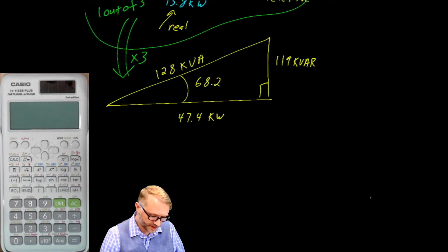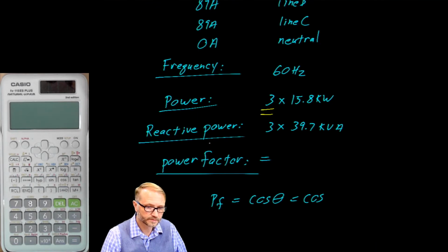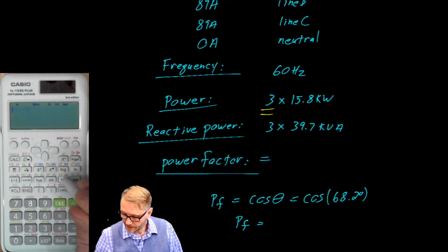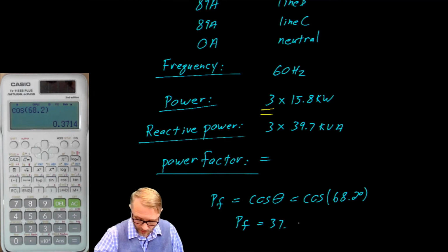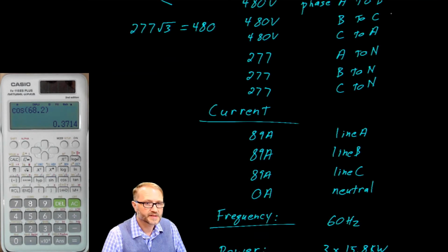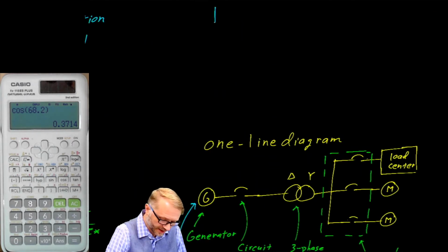In our case, theta is 68.2 degrees, giving us a power factor of cosine 68.2, 37.1%.